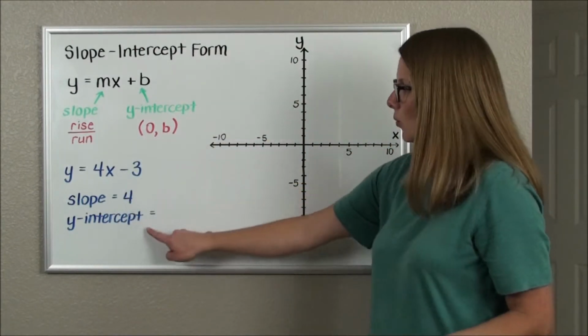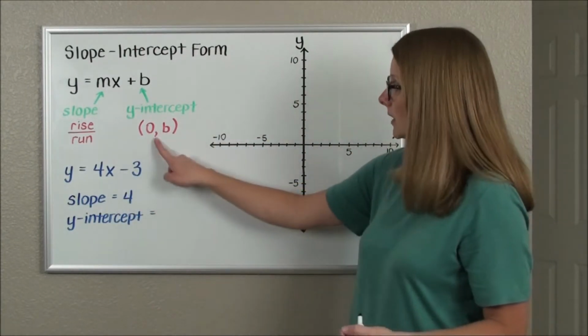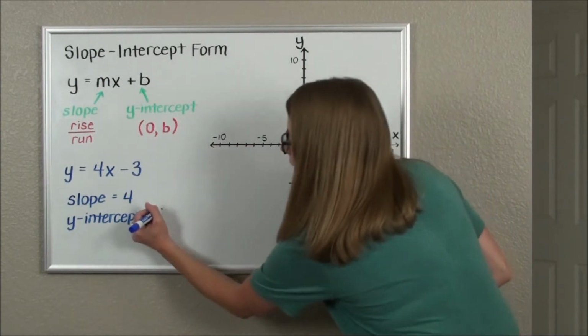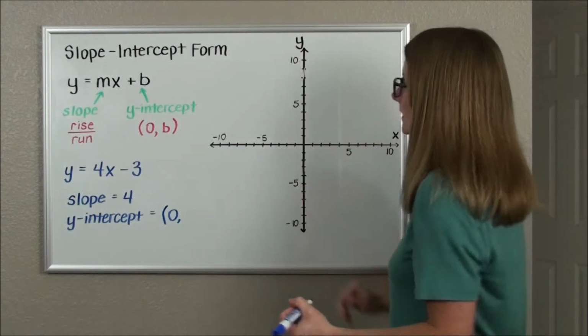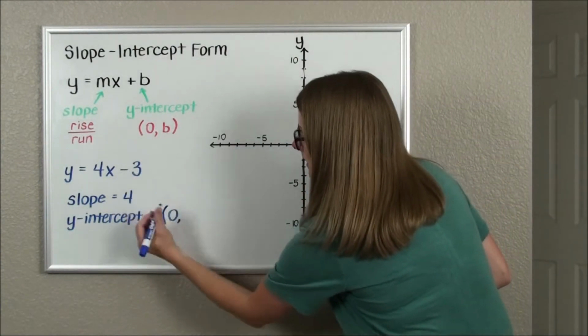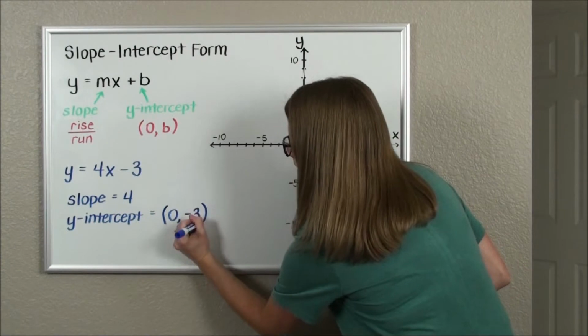But because the y-intercept is actually a point, I am going to describe it as an ordered pair where x is 0, because we aren't going left or right, we're on the y-axis, but where the y value is the constant, in this case the -3.